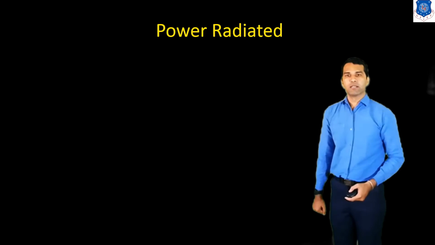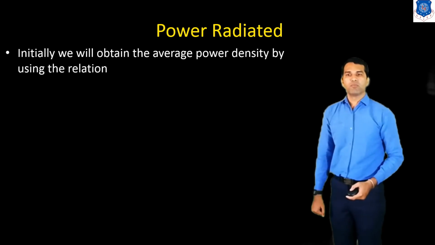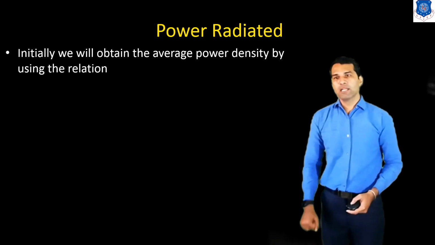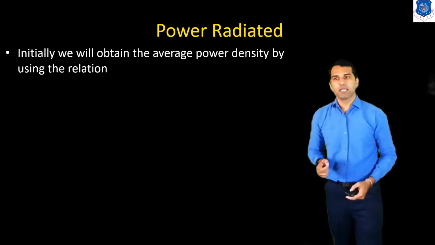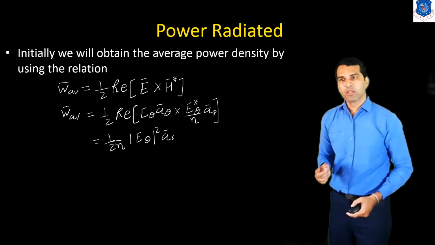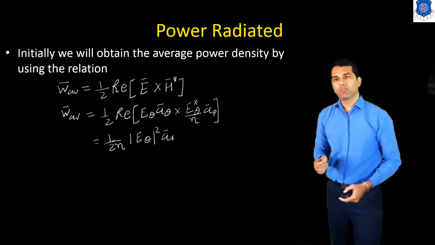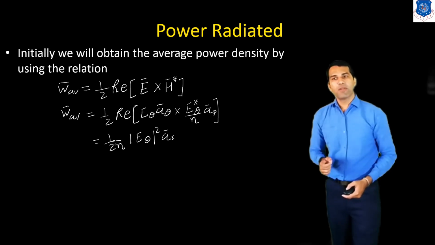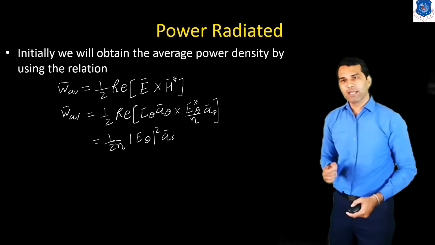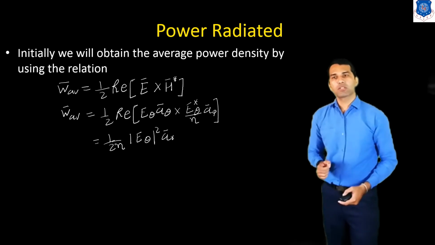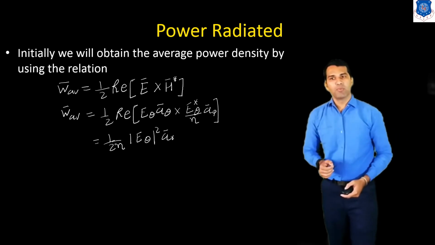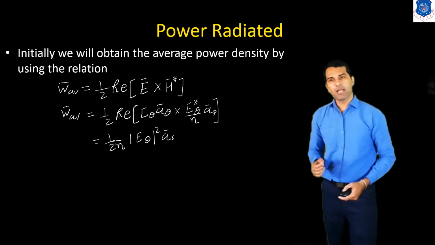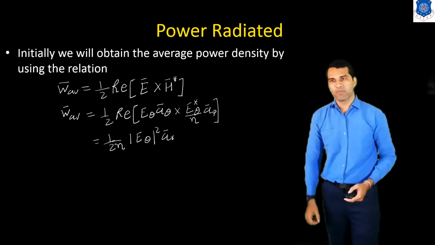Now, power radiated. We find the power radiated by the half wave dipole. Initially we obtain the average power density by using the relation W average is equal to 1 by 2 Re E cross H. So W average is equal to 1 by 2 Re E theta a theta cross, instead of H we put here, from the previous equation, E theta upon eta into a phi.